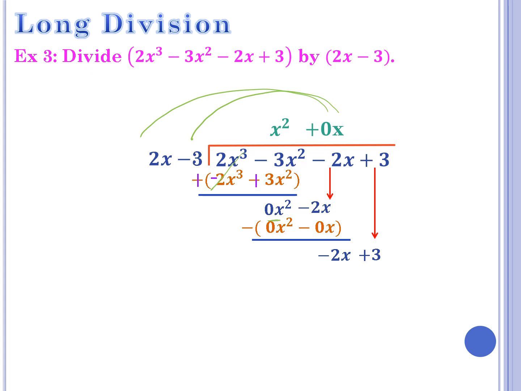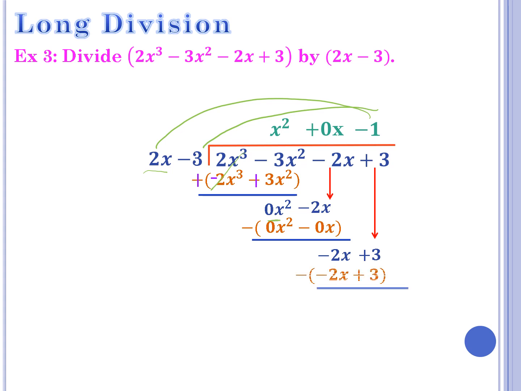So I say, okay, well, what times 2x gives me negative 2x? And the answer is negative 1. So then I distribute negative 1 to both terms in the divisor. That gets me negative 2x plus 3.